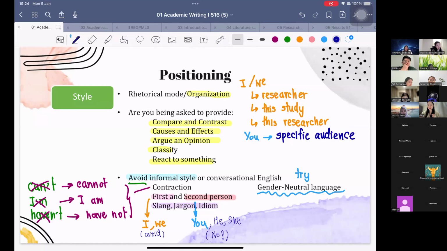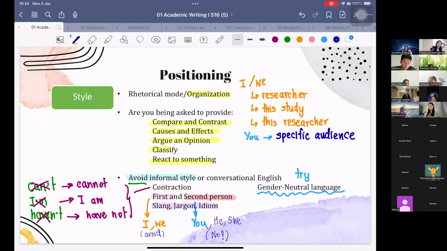If you write a research paper, it would be better to be specific. The idea of writing a research paper is that you need to be specific in your details, specific in terms of the people you are referring to. So instead of saying the word you, I'm pretty sure you would know who you are writing to.